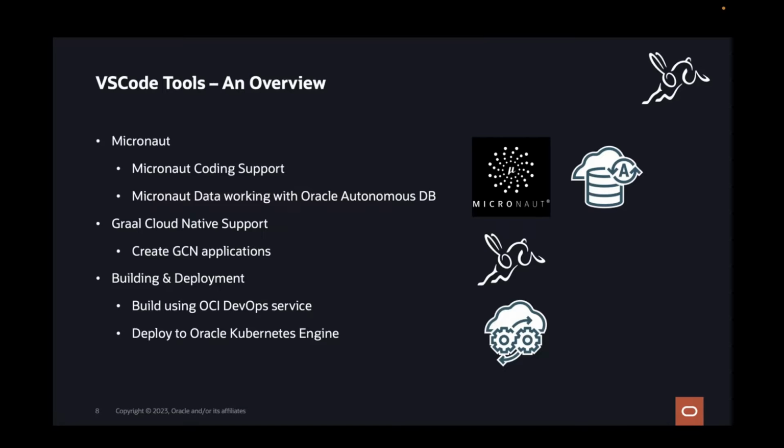Using our tool, we can take an existing Graal Cloud Native or Micronaut or Spring app, and we can generate a DevOps project for you, push it into the cloud, all with very minimal interaction. Basically, you just have to click on a big blue button and select where you want this to be deployed to. So we'll have a demo of that today, and we'll see how that works.